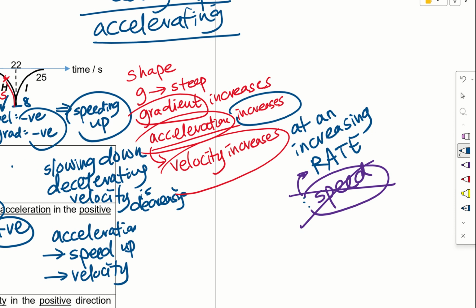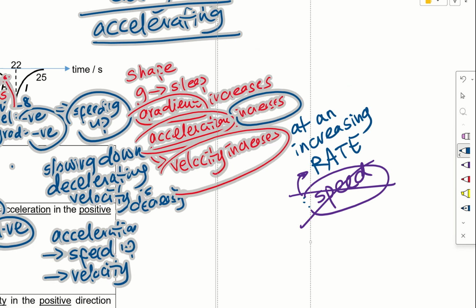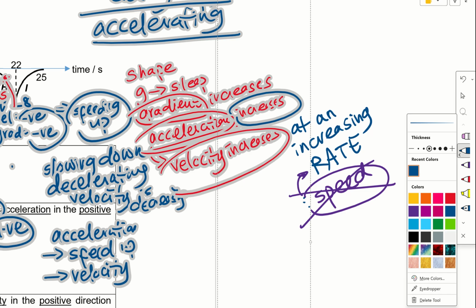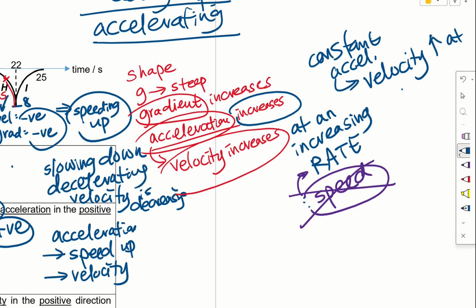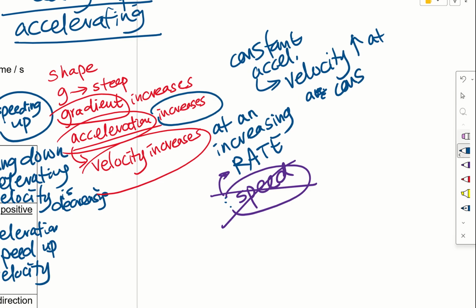The purpose here is to tell us that the acceleration increases, because I can have constant acceleration. If I have constant acceleration, how does it translate to my velocity? The velocity increases at a constant rate, because I have constant acceleration.